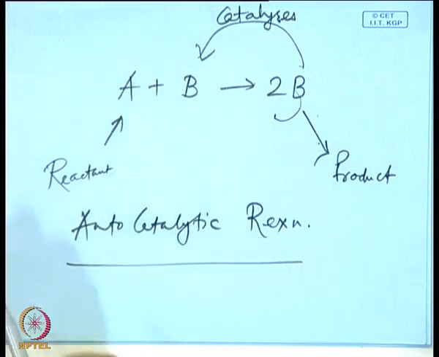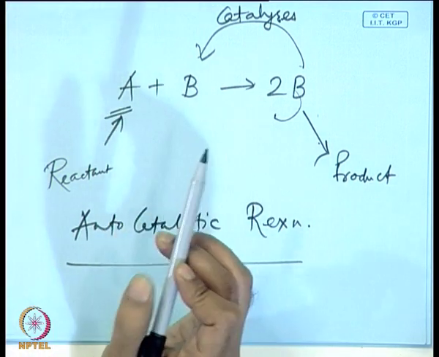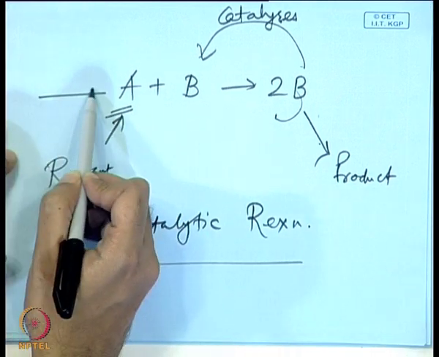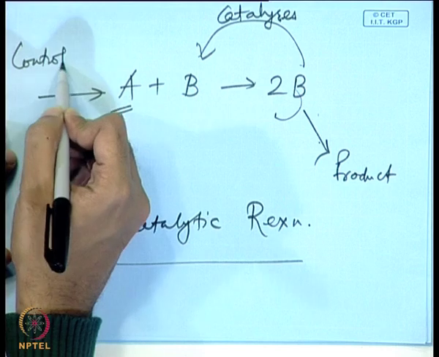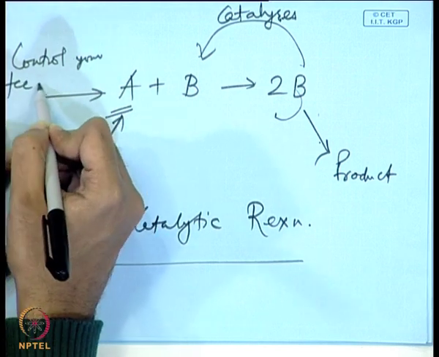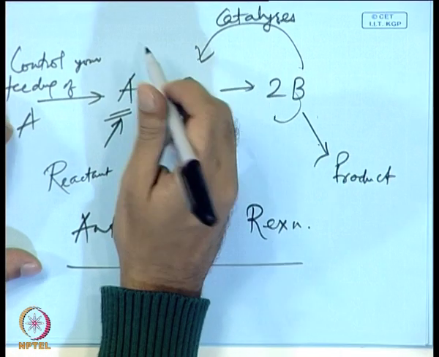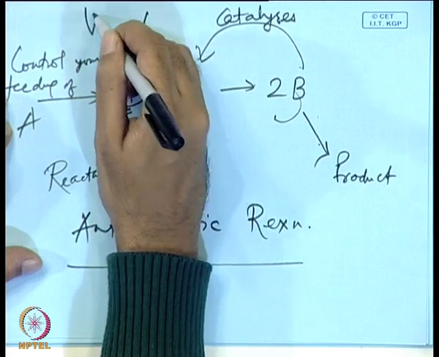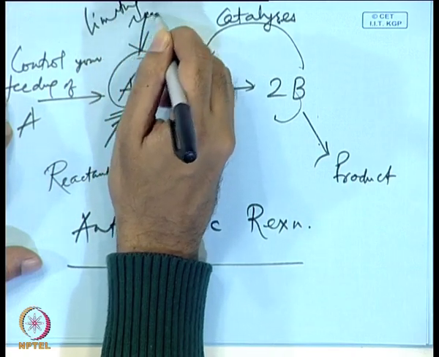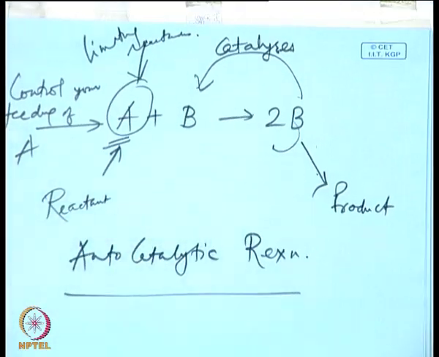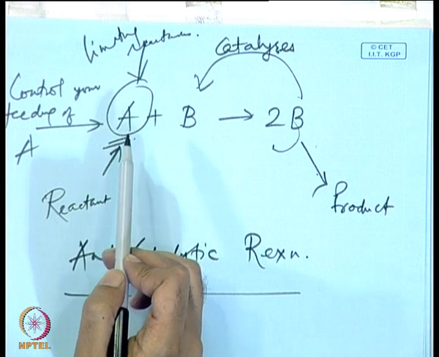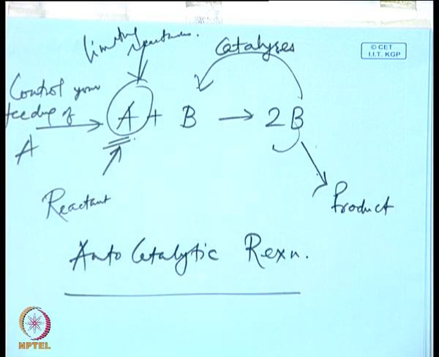But the way to stop that is to control your feeding of A. So you don't put in all the A at the start, you put it in slowly. A is going to be your limiting reactant, and the more you limit the amount of A in the system, the more the reaction is limited.